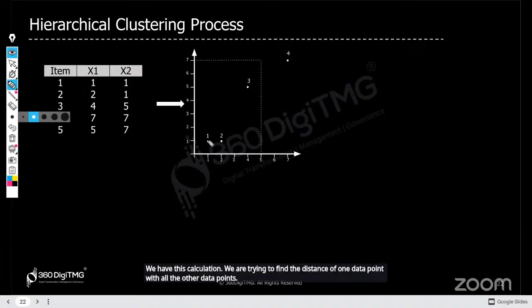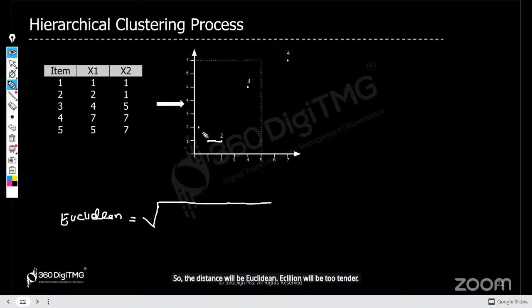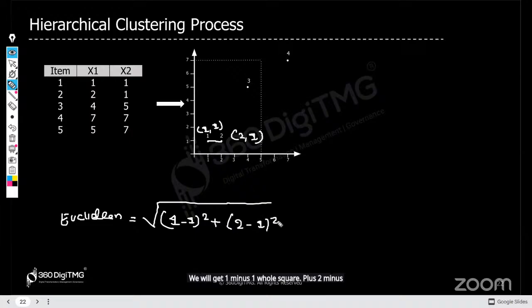So if you want to find the distance from here to here, here we are using Euclidean distance. So the distance will be the root under, for this we are having 1, 1, and for this we are having 2, 1. We will get 1 minus 1 whole square plus 2 minus 1 whole square.